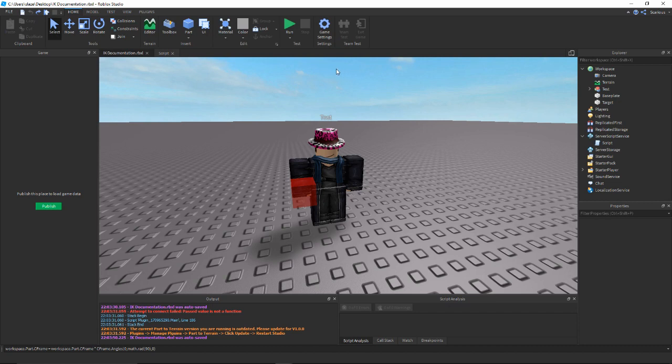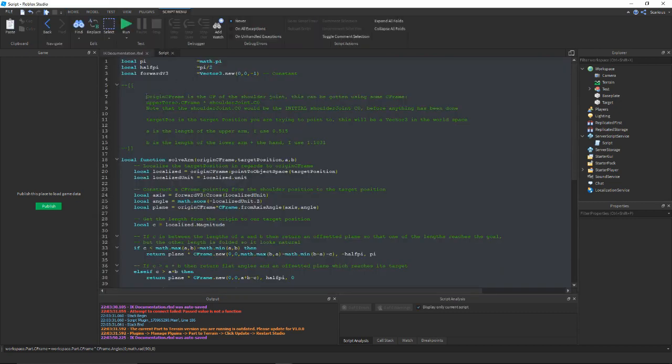Now, what you've all been waiting for: how we will actually use this in Roblox. Before we actually use this, there are some key things to note. The origin CFrame, which will be this value here, is the CFrame of the shoulder joint, and you can get this using your upper torso CFrame multiplied by your shoulder joint's CFrame 0, or C0, which is just the CFrame value of a weld or joint.